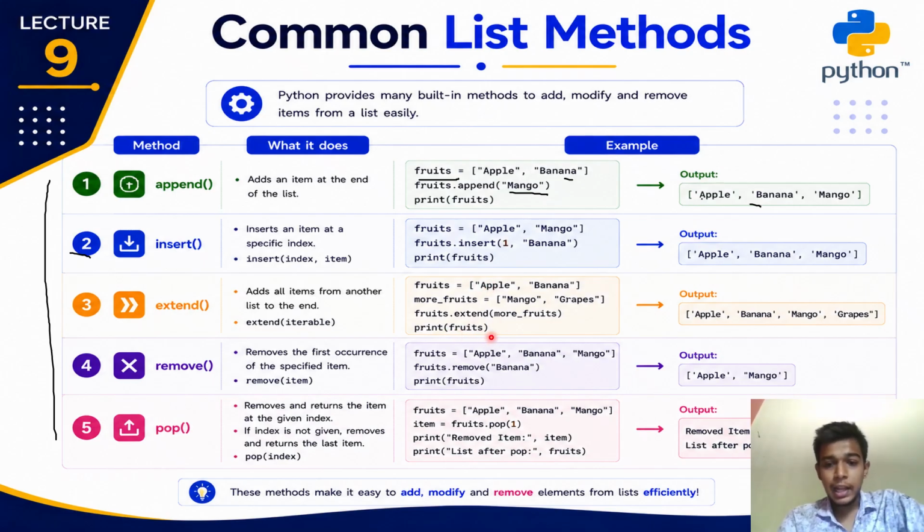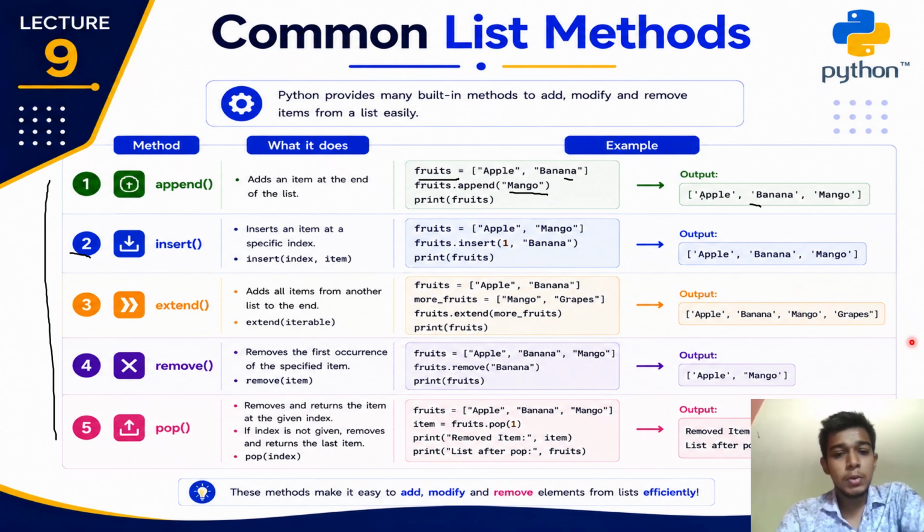So unlike append, which adds only one item, extend adds multiple items from another list. This is one of the most common interview questions. Remember the difference: append adds only one item while extend adds multiple items. Like you can see, it adds the items from the other list.